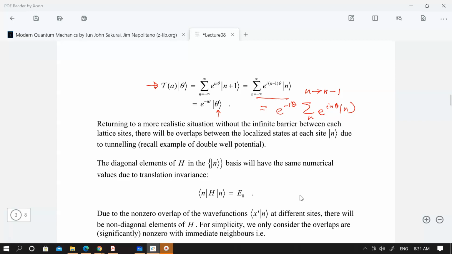The approximation that you need to do is that you still have the idealized state of these localized states, like in the case of your infinite potential, but now you allow it to seep through, tunnel a little bit through the potential barrier area into the other sites. Okay, so let's consider that.